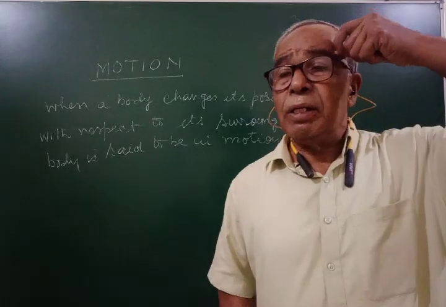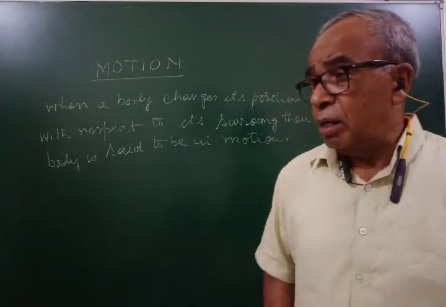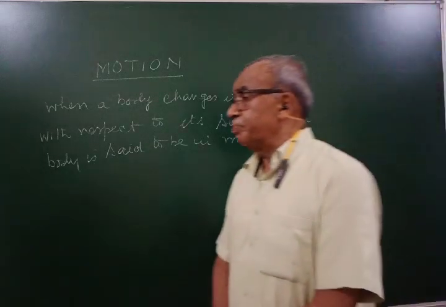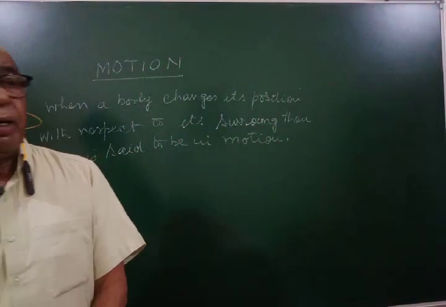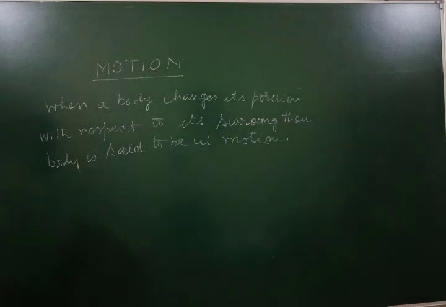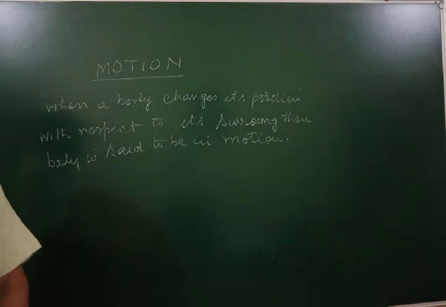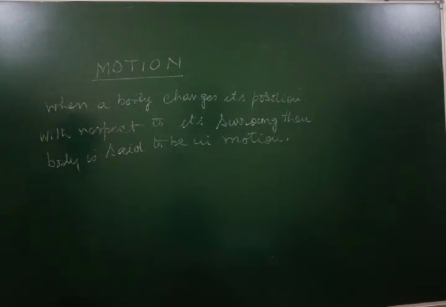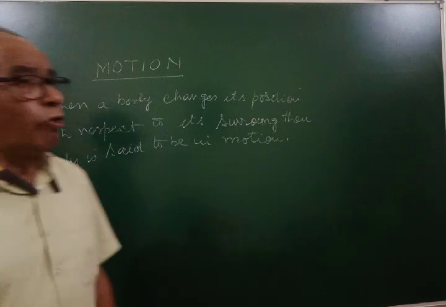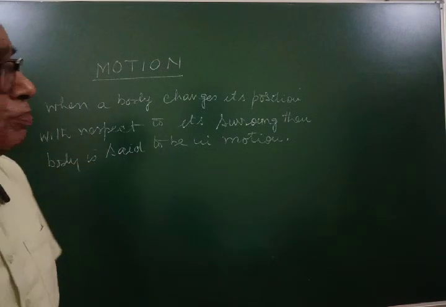In class 11 you will learn different types of motions, but here we will learn motion in one dimension and two dimensions, and we learn uniform motion and non-uniform motion.